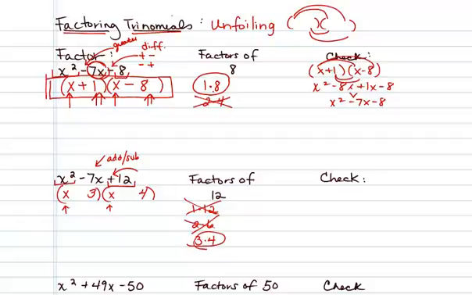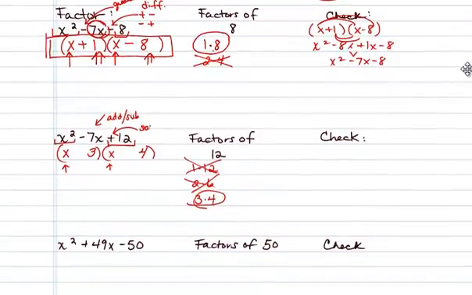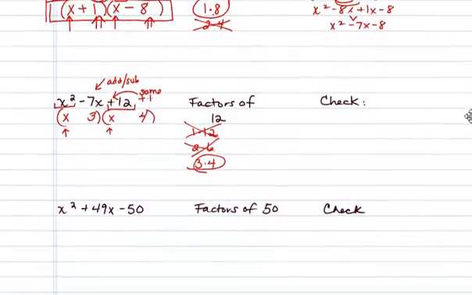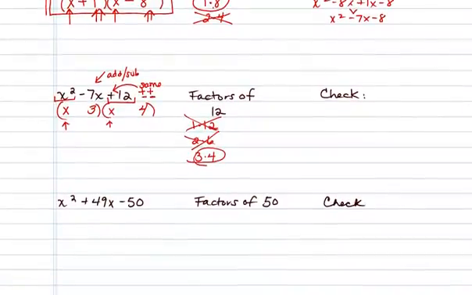Positive 12 is what we need to multiply to get. So that means the signs have to be the same. They're either plus, plus, or minus, minus. Because if you multiply 2 negatives, it becomes a positive, as well as if you multiply 2 positives, it stays a positive. This sign here tells you what the signs should be. They should both be negative.